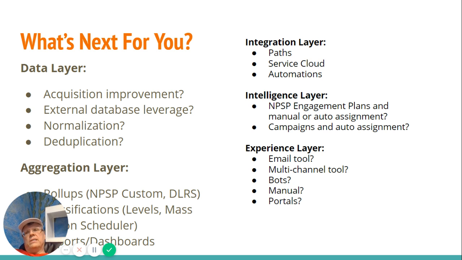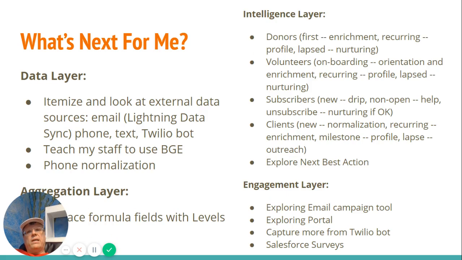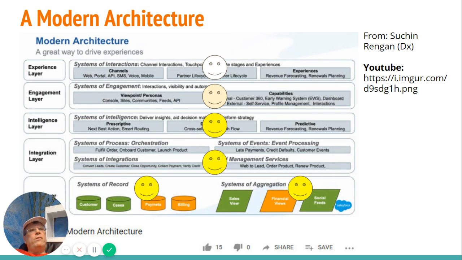These are some of the questions that come from the architecture. I really love this modern data architecture that Suchin Rankin has provided for us. I encourage you to think about it and think about how well you're following it. If you adopt this, Suchin suggests that we can create experiences at scale.